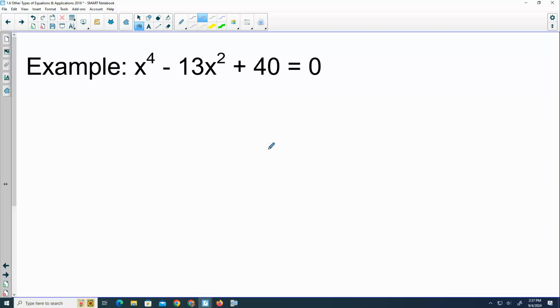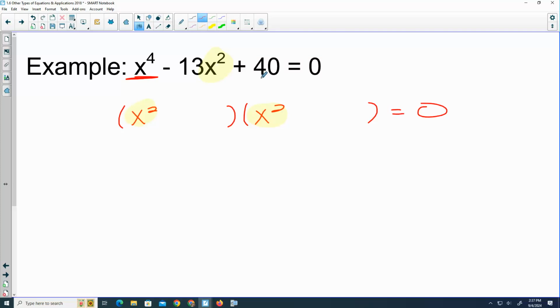It's not perfect like x squared and x, but isn't it set up like one? So if we were going to solve this, we just wanted to factor x to the 4th. If you split that in half, what do you get? And you know it's working if this is the same as that middle term.